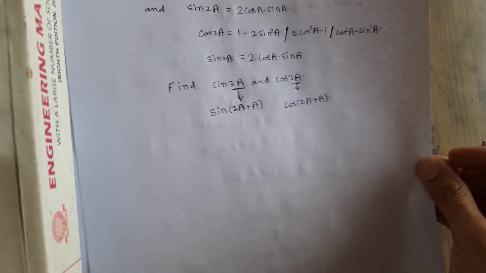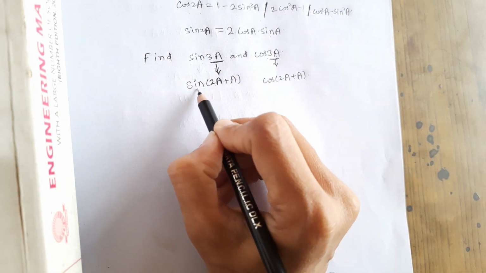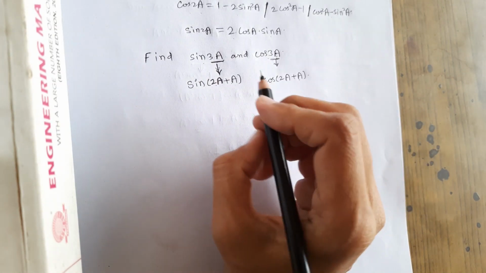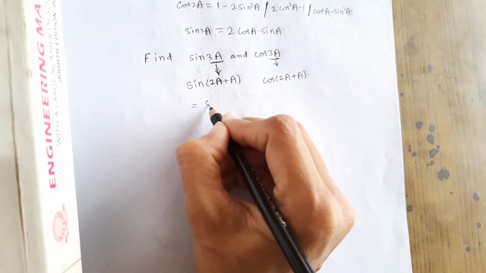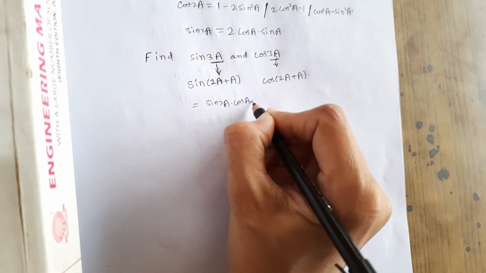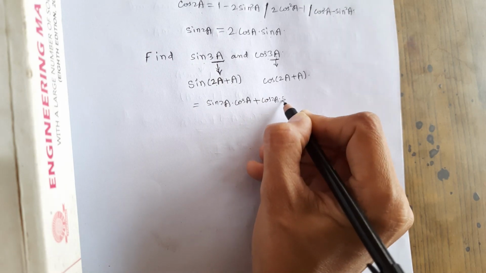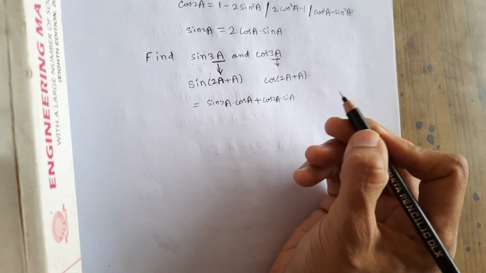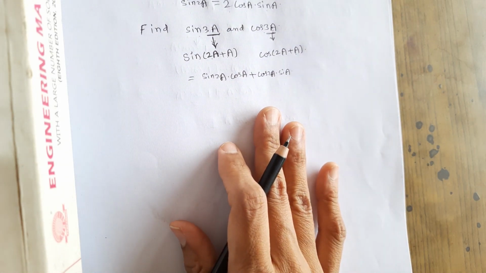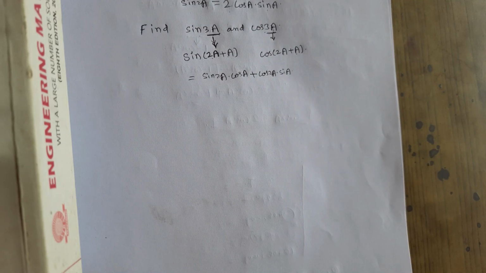So if you expand sin 3a and cos 3a with sin of 2a plus a and cos of 2a plus a, what will this become? Sin 2a into cos a plus cos 2a into sin a. Now just expand the things using the previous formulas.